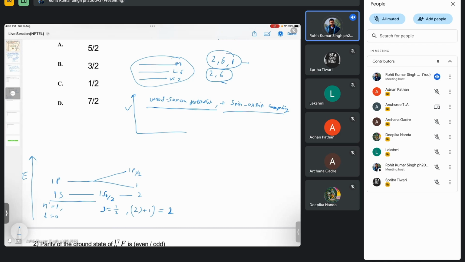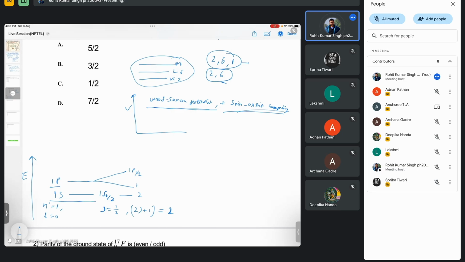The spin orbit coupling breaks the degeneracy, a term in quantum mechanics, and gives you these two states out of this 1p state.